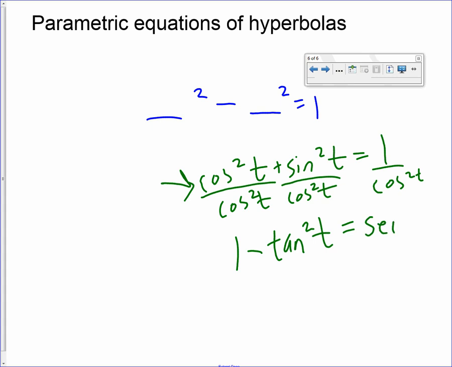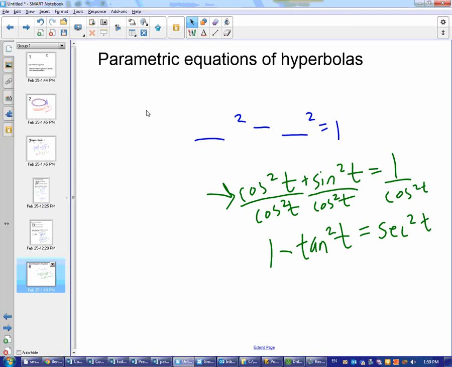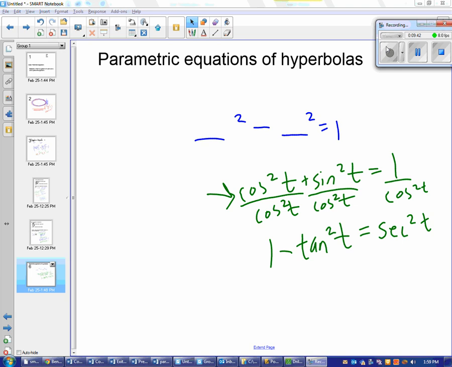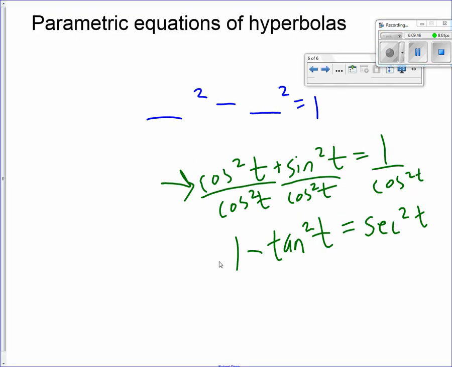1 over cosine squared is secant squared. Okay. And I want this to equal 1. Okay, so right here, this is 1 plus. Sorry about that. That's a plus, so that's a plus.